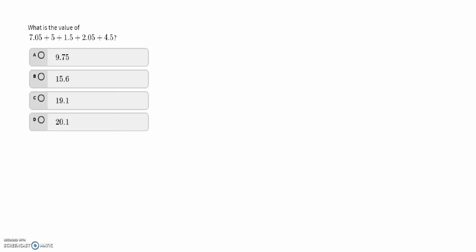So I will start writing the first number, which is 7.05, and I have a whole number which is 5, so I'm just going to write it under. And then the next number is 1.5, so I will write 1.5. Then I have 2.05.